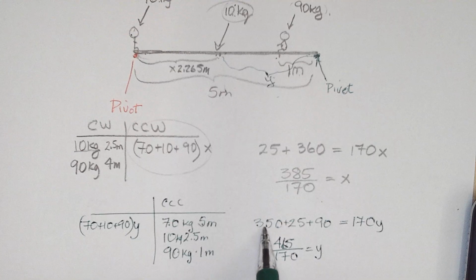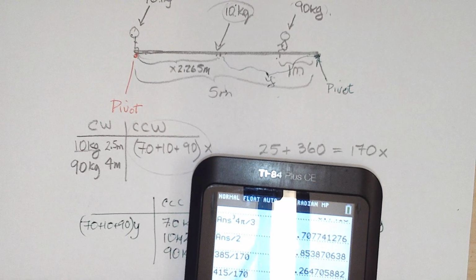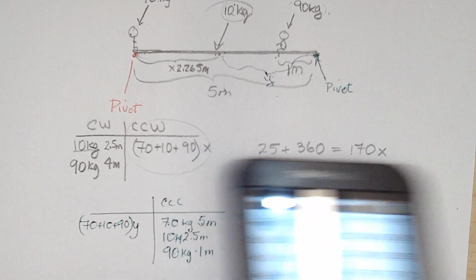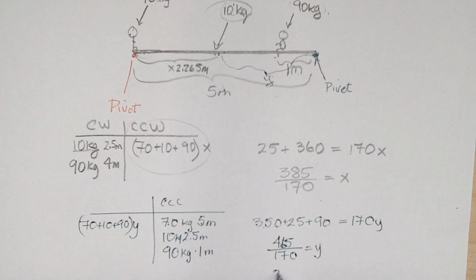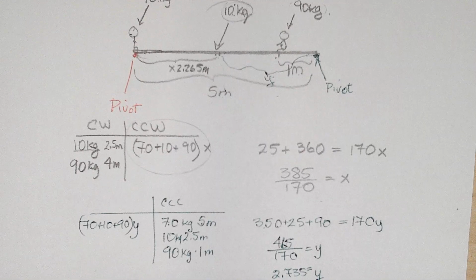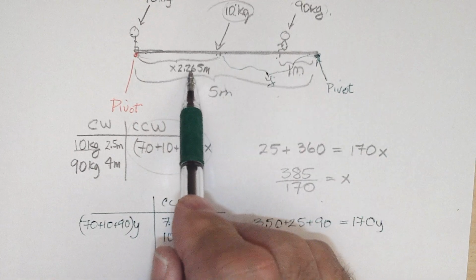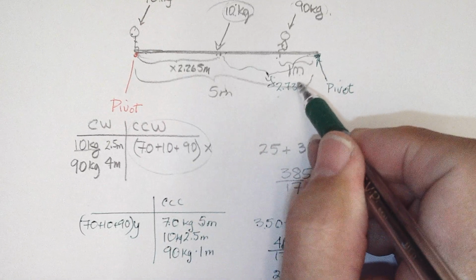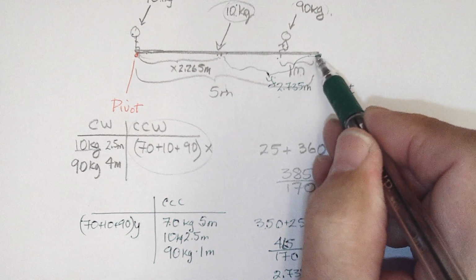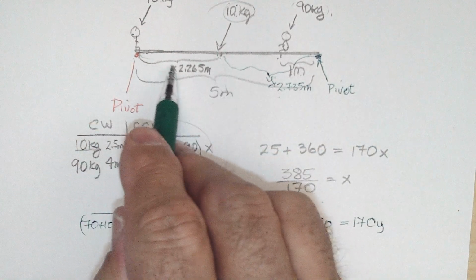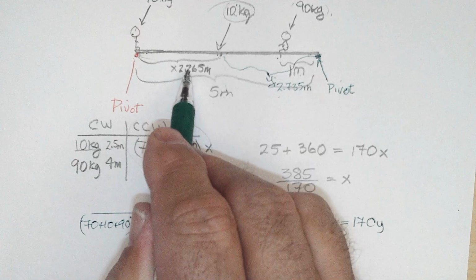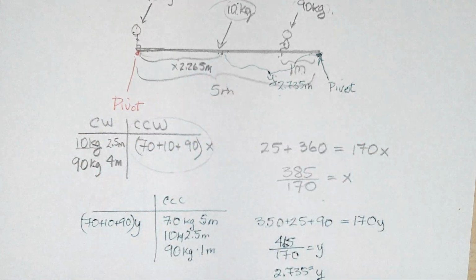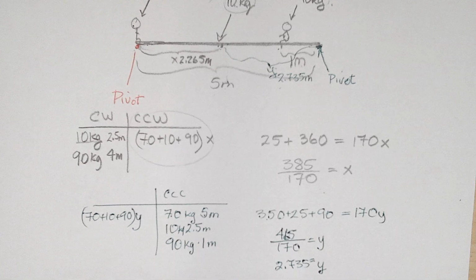I didn't add them up right because the number didn't come out right. 465 divided by 170, and I get 2.735. 2.735 meters from this end is exactly 2.265 meters from this end. So we ended up with the pivot point being in the same place.